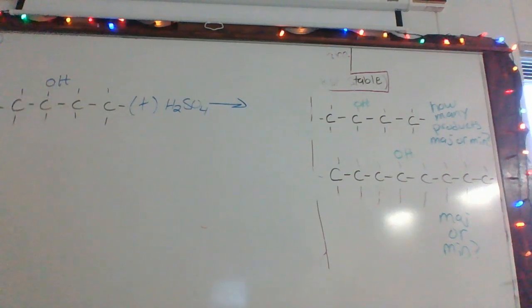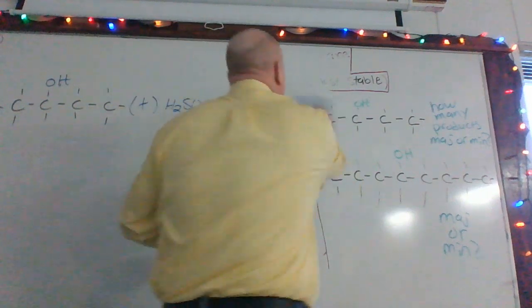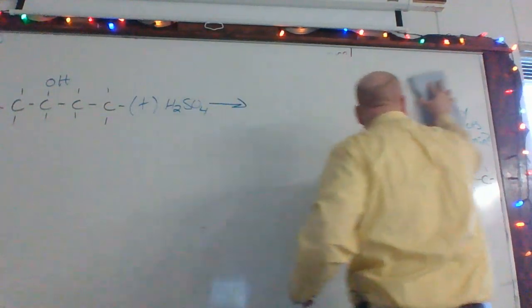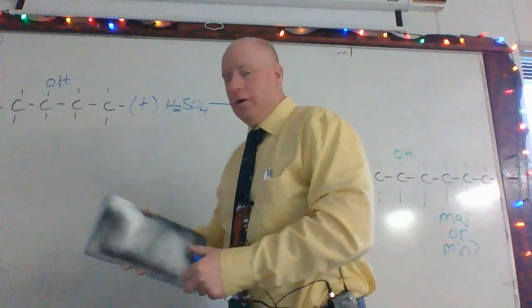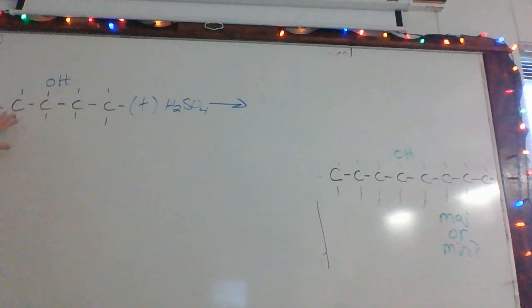One of them is going to be more stable than the other. Because what happens when this dehydrates, when that OH group gets stripped off, it's going to grab something else on this side. So if the OH is coming off, what else do we know is coming off? What atom? Yeah, we're going to take a hydrogen off as well.